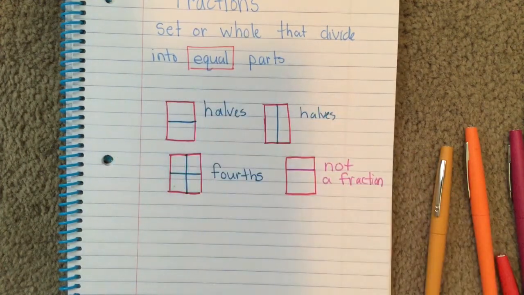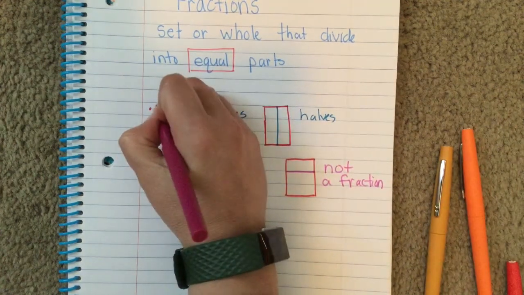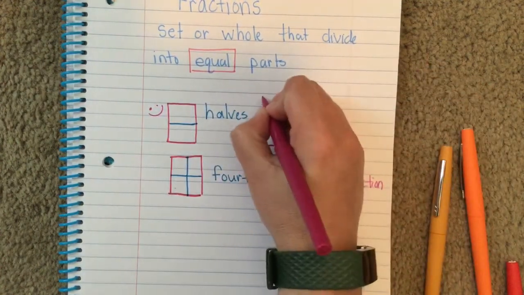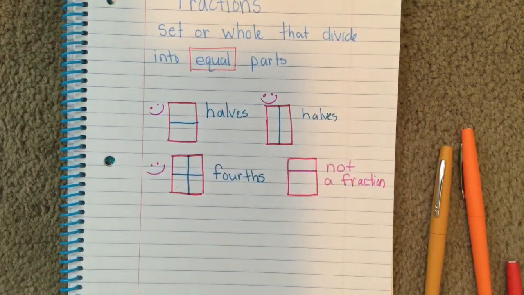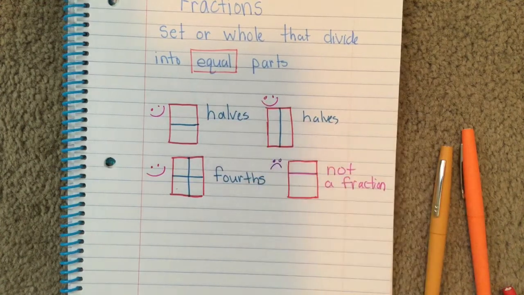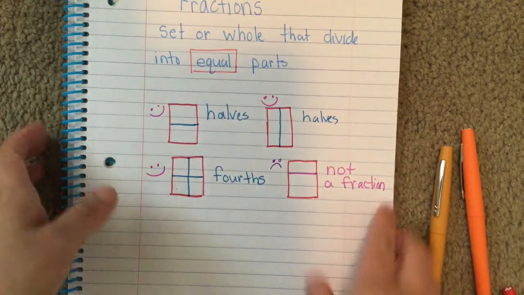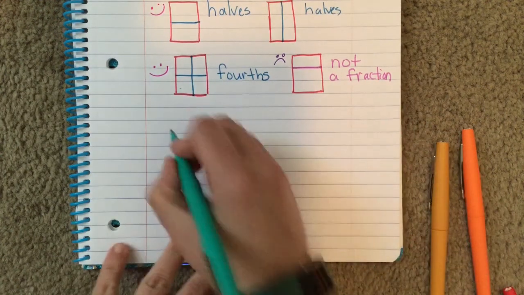These that we've done so far at the top are fractions, because the parts are equal. But this one, because they are not equal, is not a fraction. So let's try another one. I'm going to draw a completely different shape and let's see if it's a fraction or not.